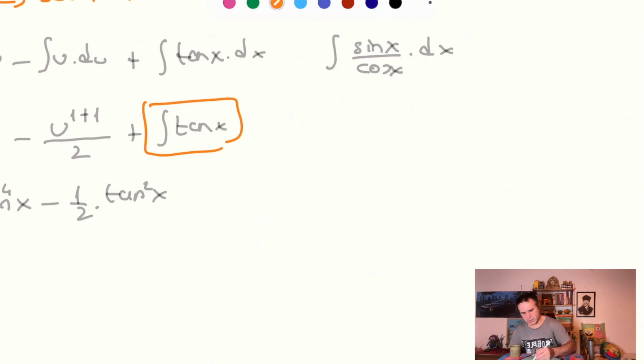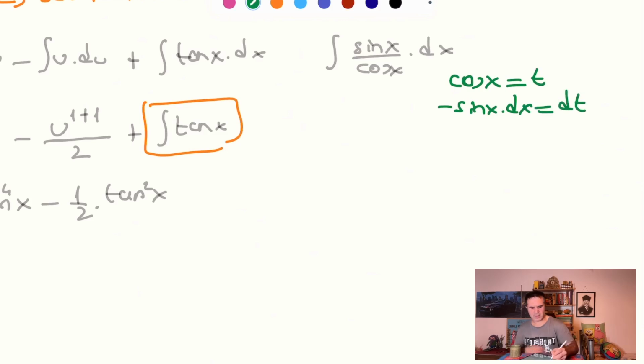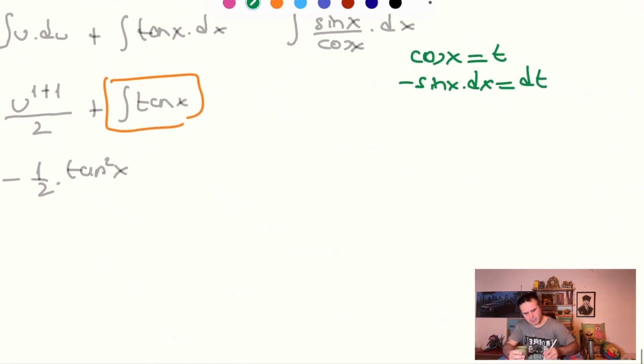For this substitution, I will use t. Let cosine x equal t, then minus sine x dx is dt. This means that sine x times dx is equal to minus dt.